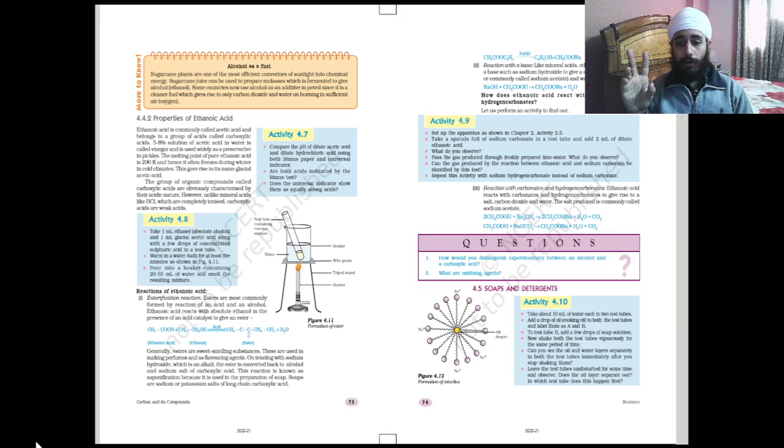Add a drop of oil, like cooking oil, to both the test tubes and label them A and B. To test tube B, add a few drops of soap solution. Now shake both the test tubes vigorously for the same period of time.